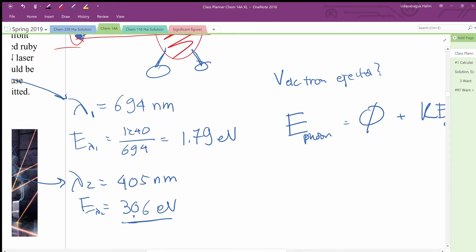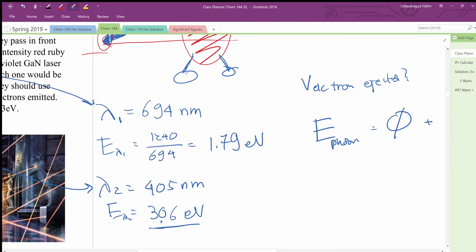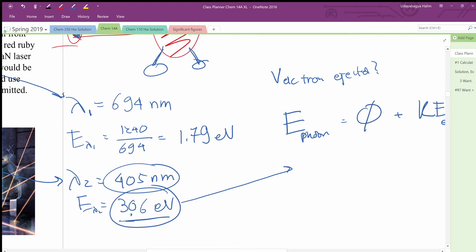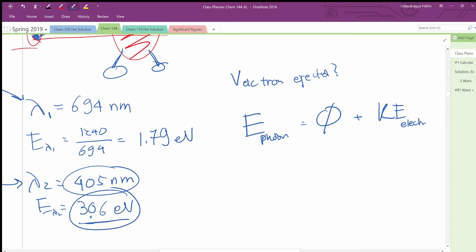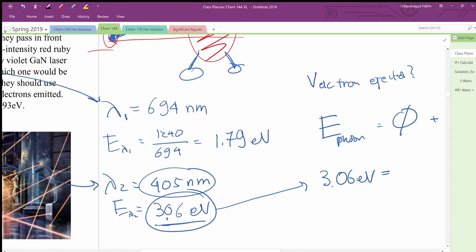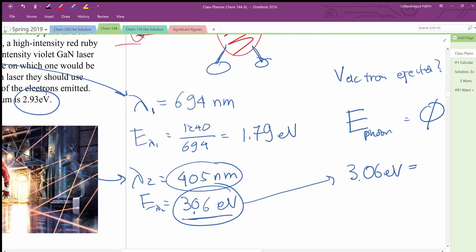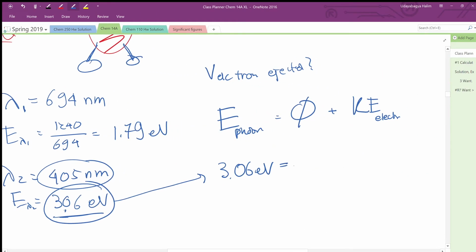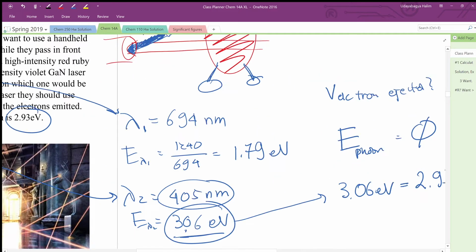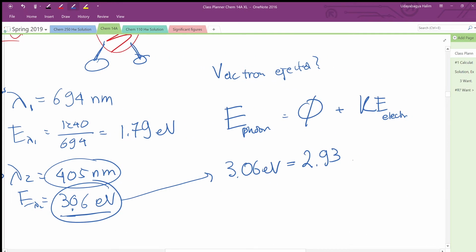As long as you know the energy in terms of electron volts, you've already figured out that the wavelength of 405 nanometers has an energy of 3.06 electron volts. You also know from the setup of the question that the work function is 2.97, was it? 2.97 electron volts. The difference is going to be equal to the kinetic energy of the electron.